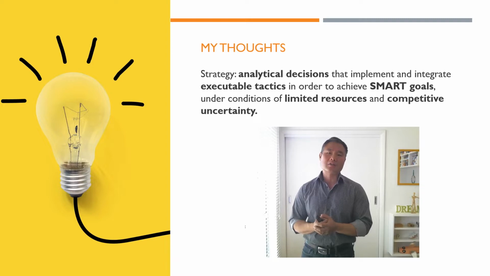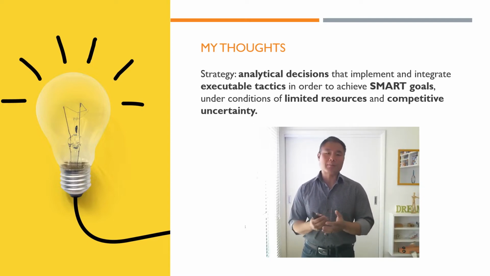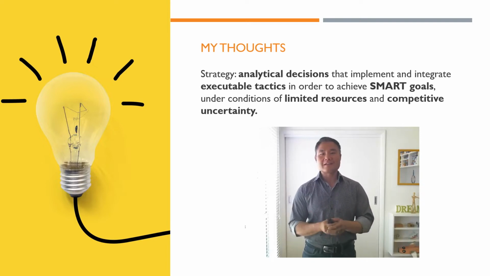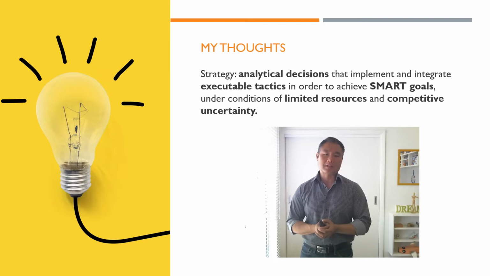Now, this doesn't mean that you shouldn't try to solve the problem so that you can execute some of these tactics if they prove to be very important. But usually in strategy, you're making decisions about what to do, and the thing that you want to do is at least logically feasible within the business organization's capabilities, right?